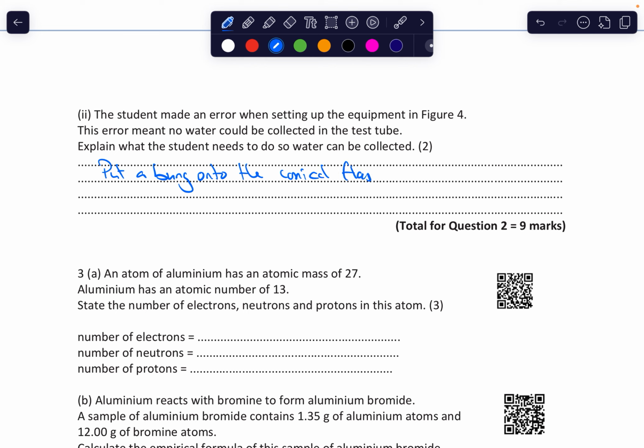And that's going to get you the first mark. And the second mark, what that means is that the gas cannot escape. It goes into the delivery tube. Okay.